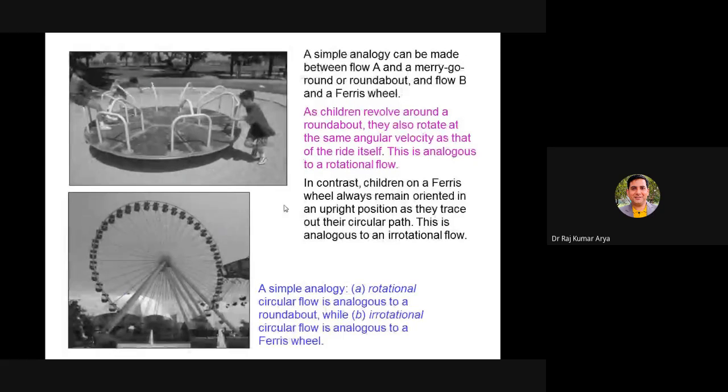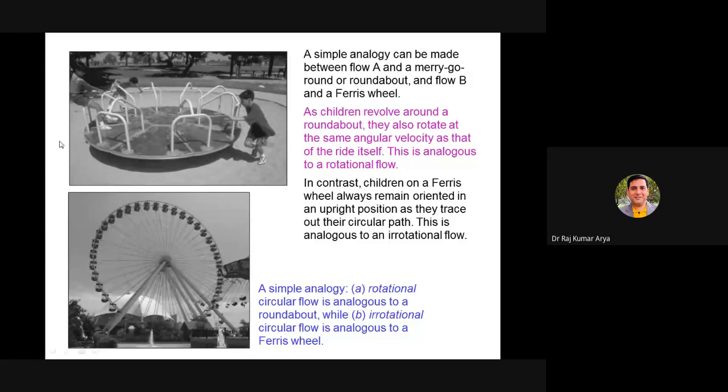Now these are some examples. One is the simple thing people used to go on, the merry-go-round. Here you rotate with the same angular velocity as it rotates itself. So this is an example of rotational flow.